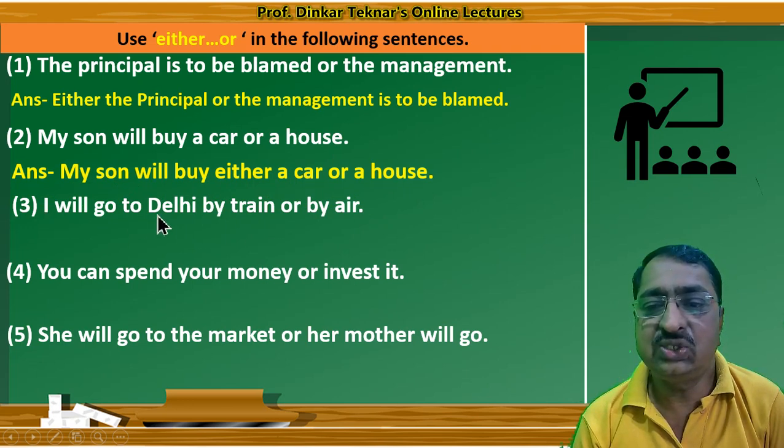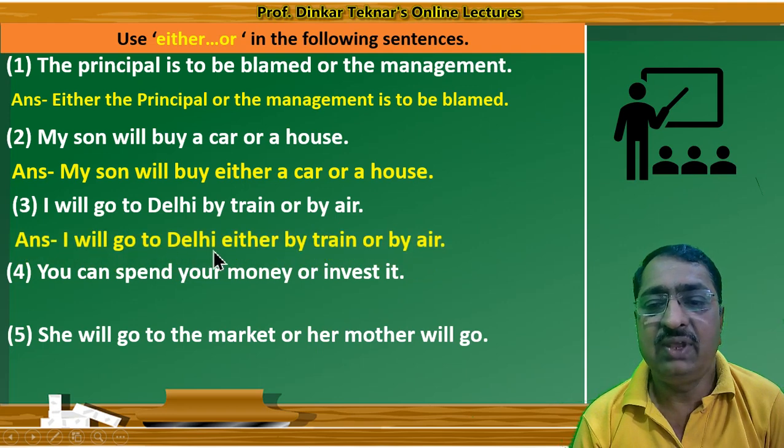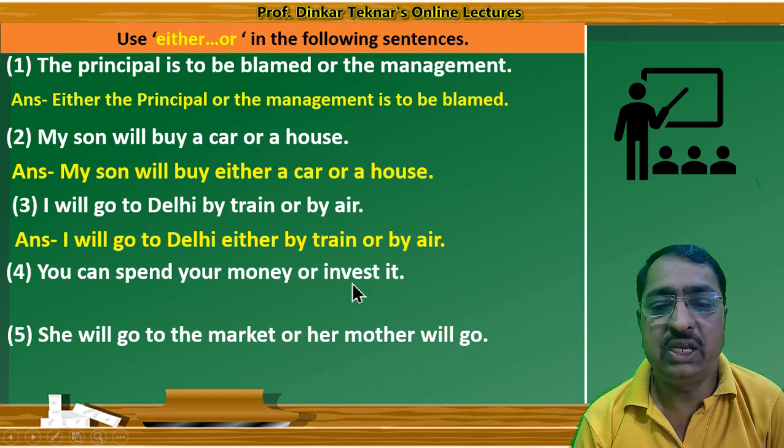Now the sentence, I will go to Delhi by train or by air. Choice between these two objects, by train and by air, and the answer will be I will go to Delhi either by train or by air. The sentence, you can spend your money or invest it. Here the choice is between two verbs, spend and invest.